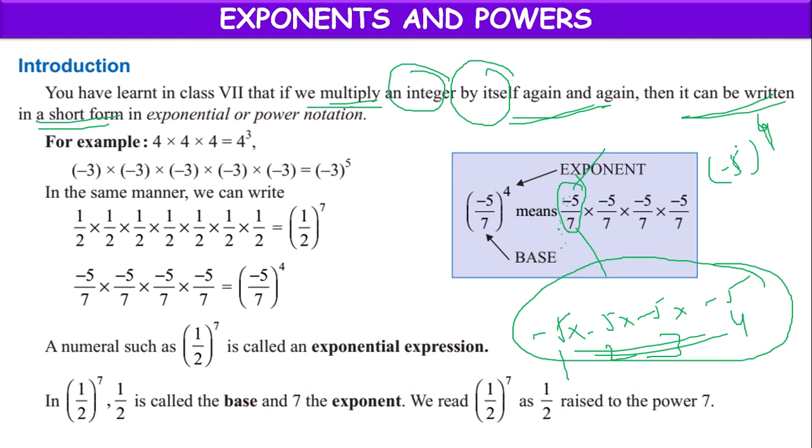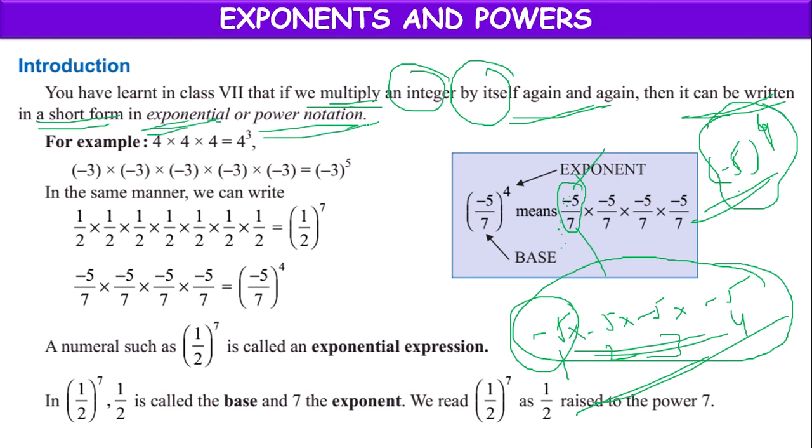This is the short form of multiplication of the same number by itself so many times. Here 4 times. Expressing this long expression in this short form, minus 5 whole to the power of 4, is called exponential form or power notation.